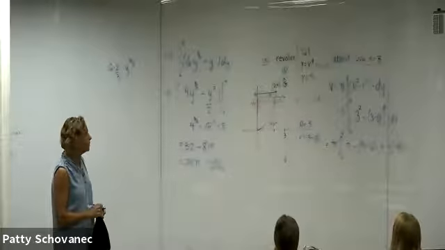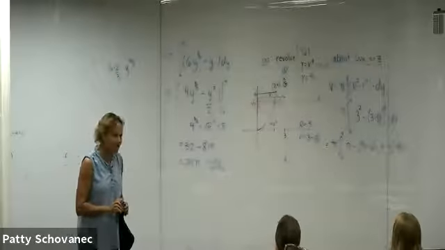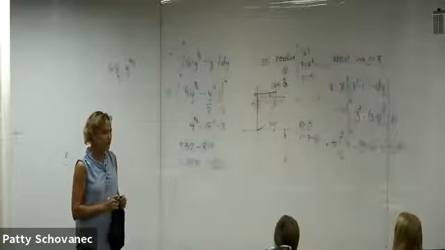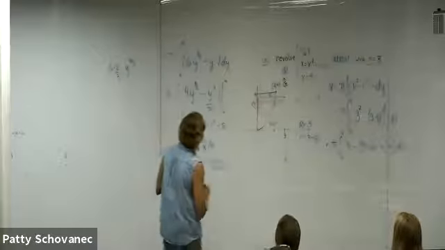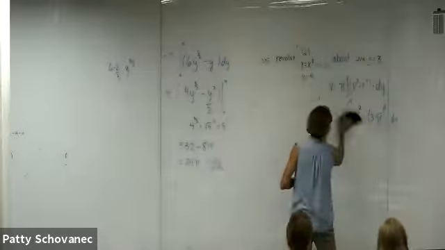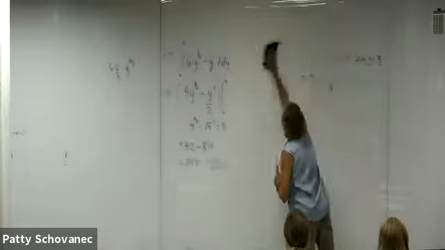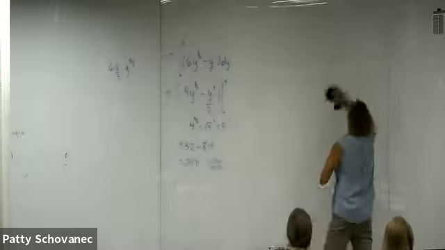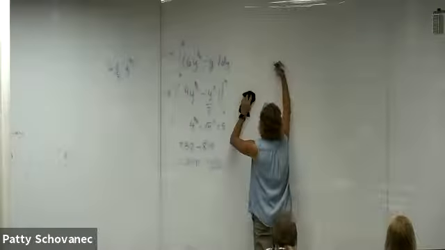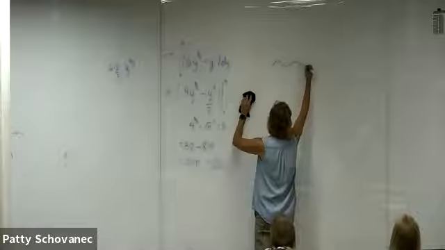Okay, so now we're going to partition the region with rectangles parallel to the axis of revolution. Let me draw our regions here. Suppose I have a region in the XY plane.